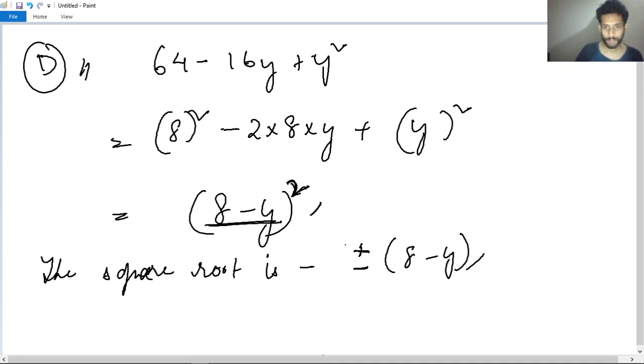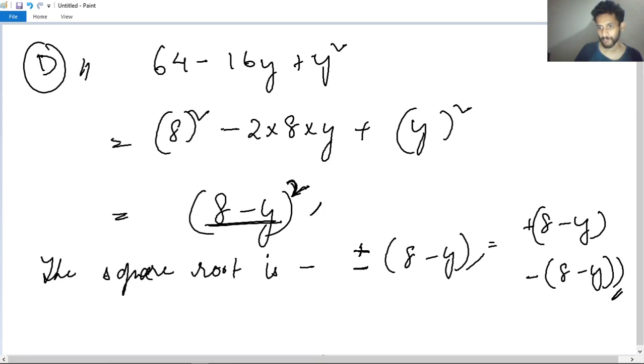If you are getting confused with this part, it actually means first it is plus 8 minus y, and after that it is minus 8 minus y. Either of these can exist. I guess you can do D now.